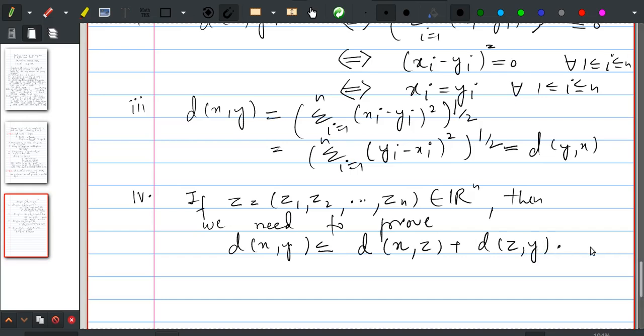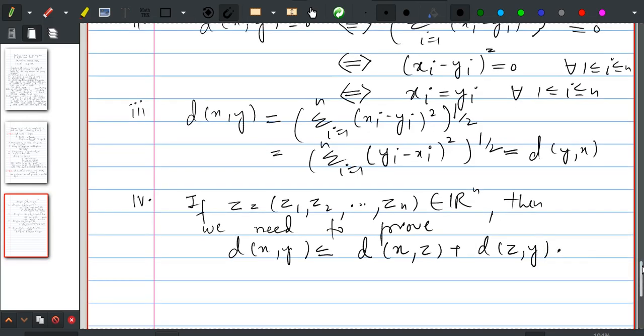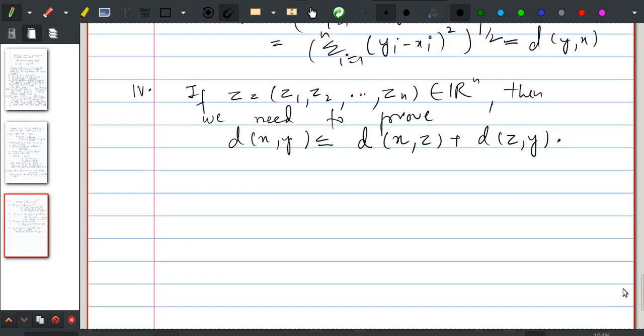For proving this, we need the Cauchy-Schwarz inequality. Let's make a remark over here.